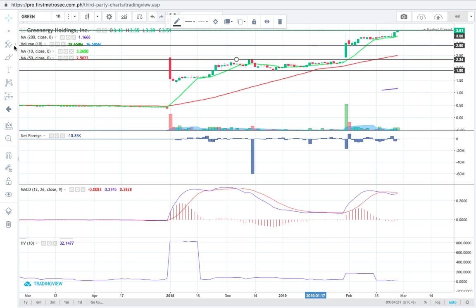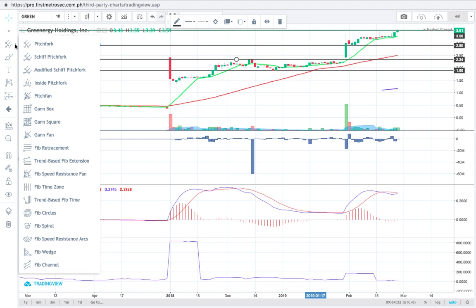And I'll show you how to do that. You will have to check the left sidebar of the trading view using First Metrosec Pro's platform. You will check on this icon, the pitchfork icon, but that's not what we're going to use. We're going to use Fibonacci retracement, this one.